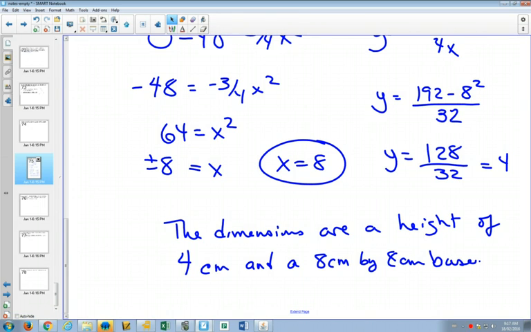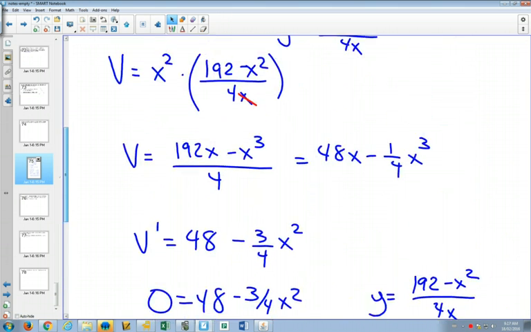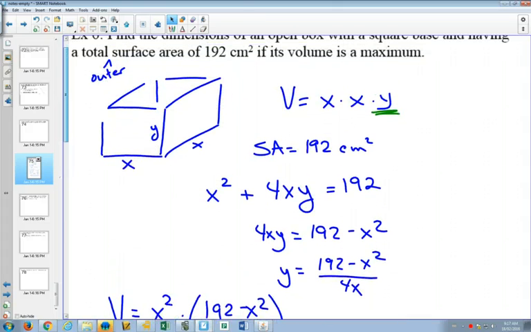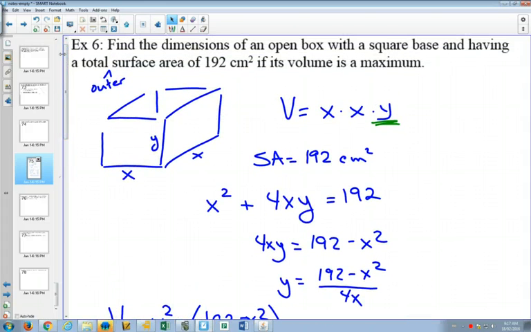So recapping in this question, we drew our diagram out. We noticed that our volume formula had two variables on the right-hand side, x and y. So we had to come up with some way of changing one of those variables in terms of x as well, or the x in terms of y, so that we could solve.